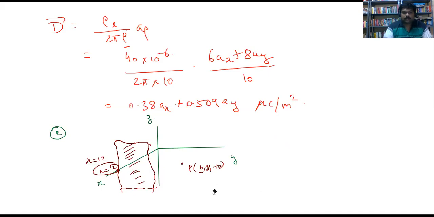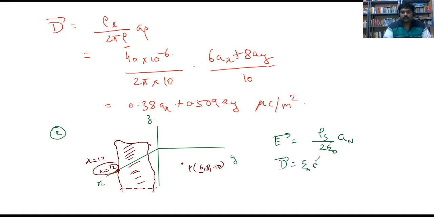So electric field E is nothing but, what was the formula for a sheet of charge? Rho s by 2 epsilon naught into AN. Correct? So what is D equal to?